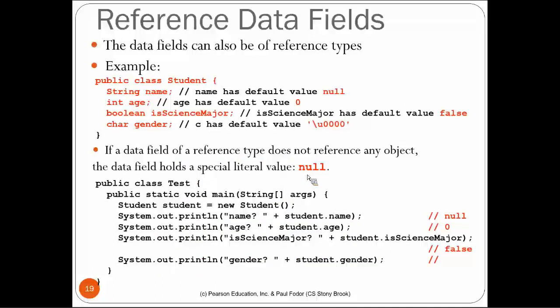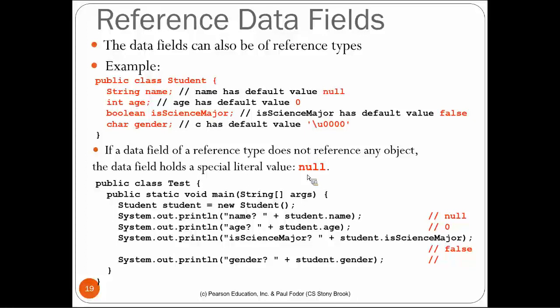So for instance, if we define a class Student and the Student has a String name data field, an integer age data field, an isScienceMajor boolean data field, and a gender character data field.